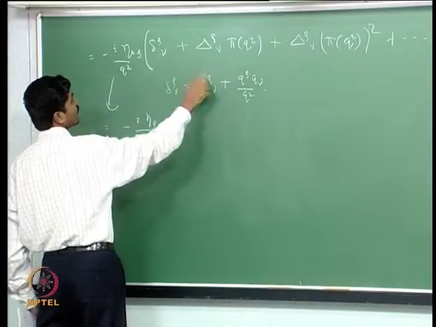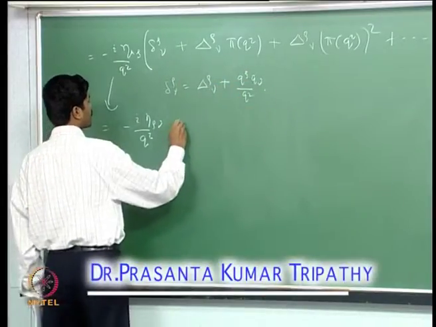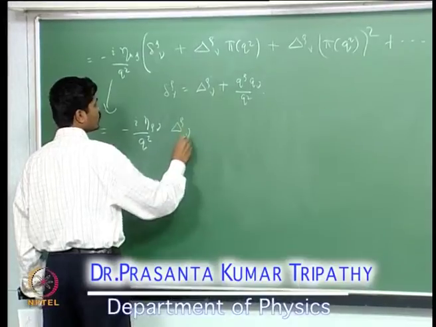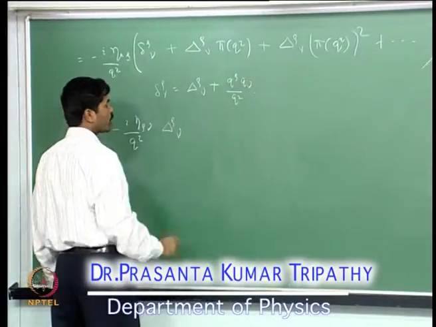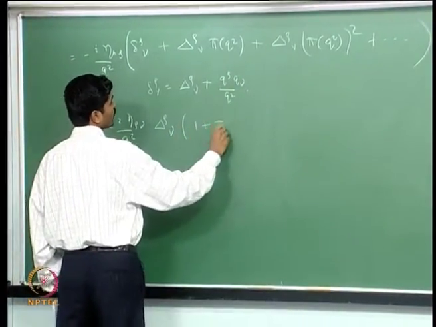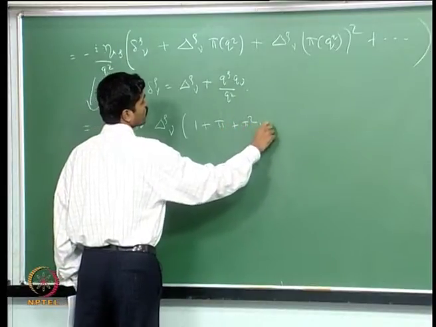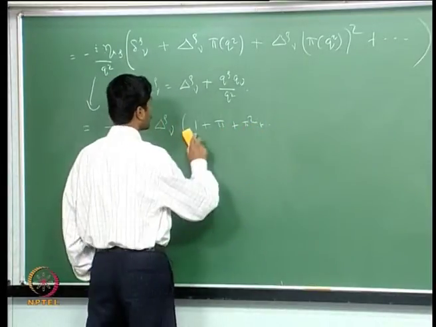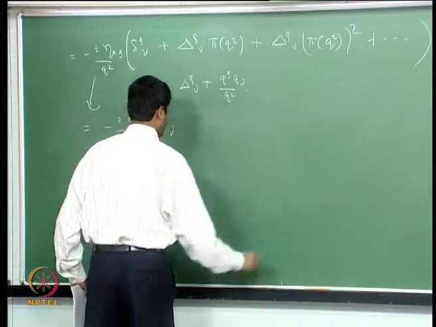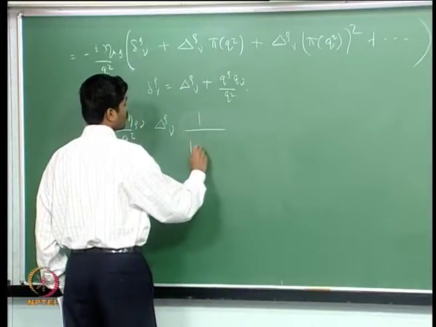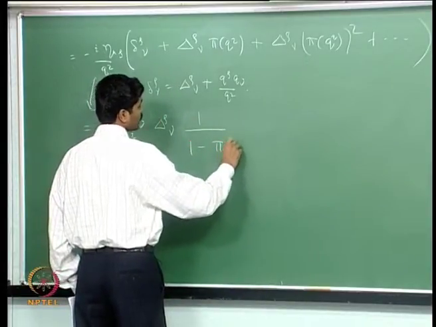There will be a delta rho nu in all terms, and whatever is left is a geometric series, 1 plus pi plus pi square and so on, which I will simply denote as 1 over 1 minus pi of q square.